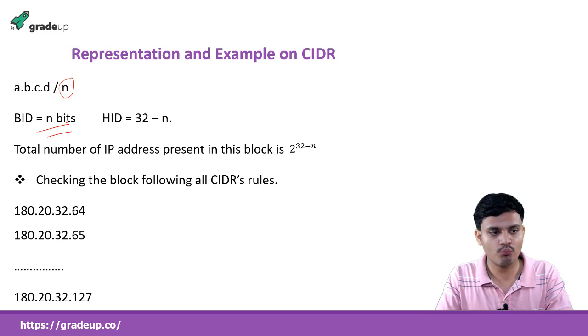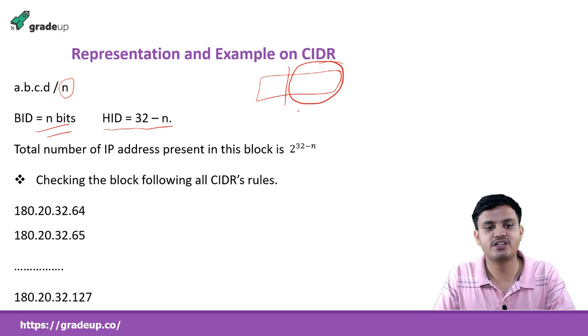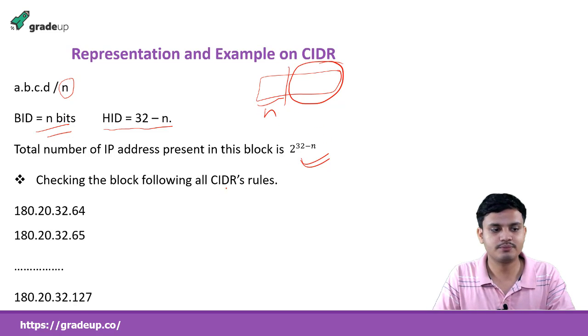And how many bits are used for the host ID? 32 minus N. So the total number of IP addresses present in a block is 2 to the power 32 minus N. Suppose this is the network ID; this tells us the number of IP addresses we can get. So this is N, and after you do 32 minus N, you will get it.